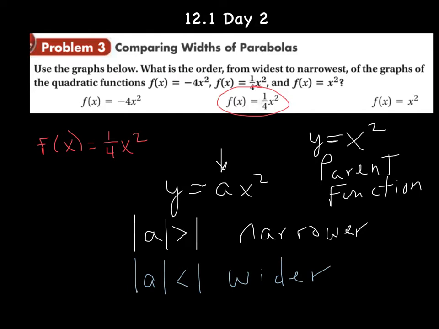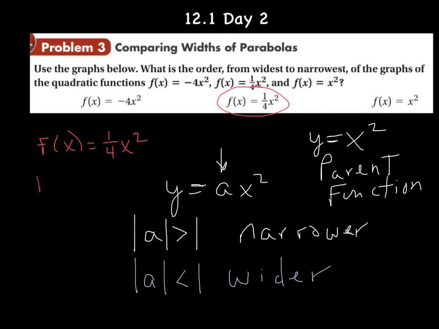Okay? So the next widest function, if I look at the values, I've got -4 in the first function and I've got +1 in the third function. But remember, we're looking at the absolute values when we're considering wider and narrower. So the negative in front of the 4 really doesn't have any bearing on how wide or how narrow it is. It's just the 4 and the 1. Okay?